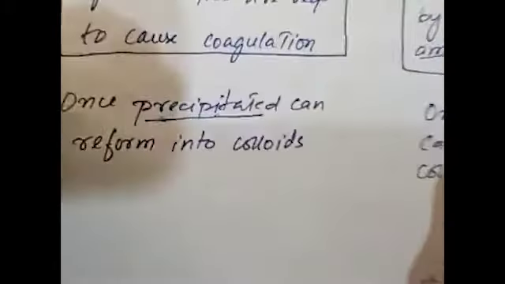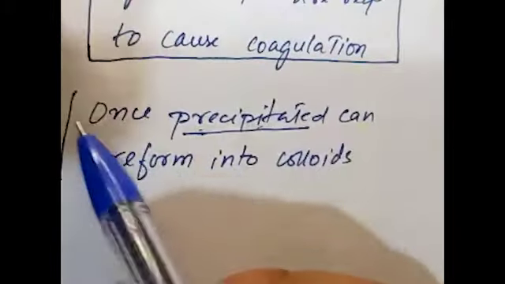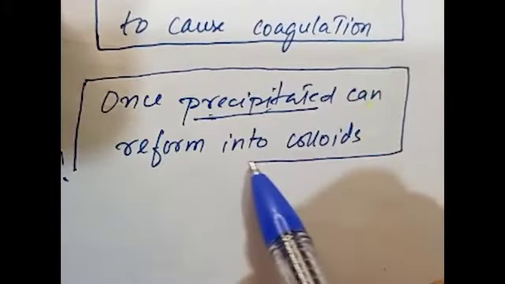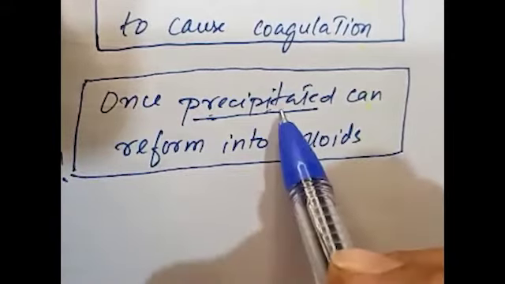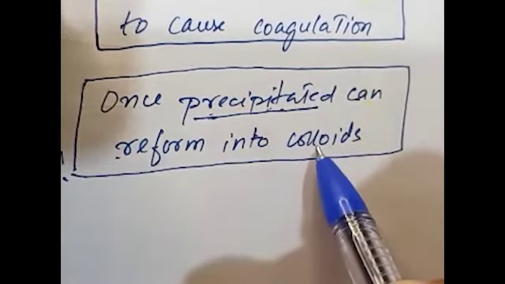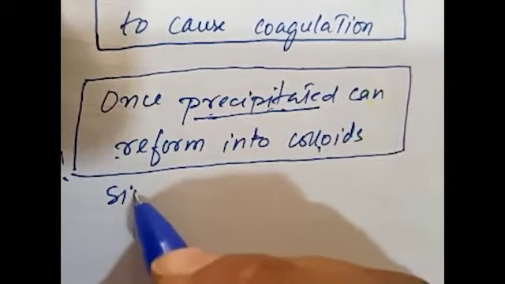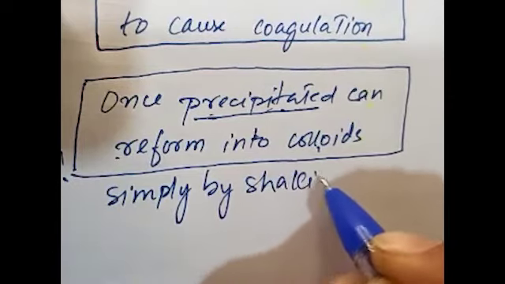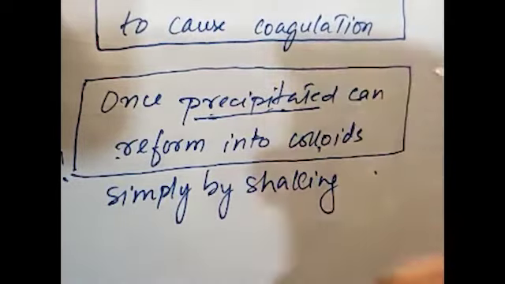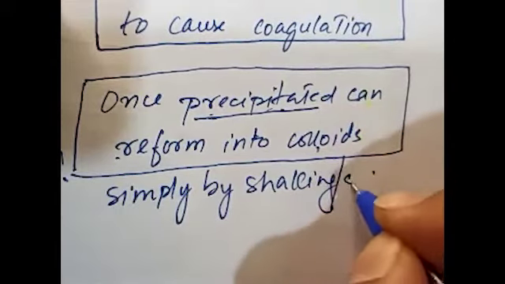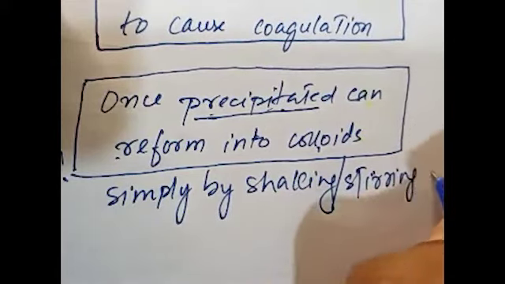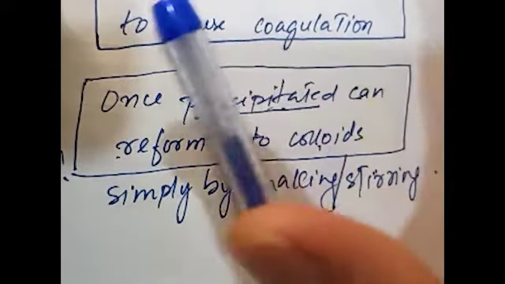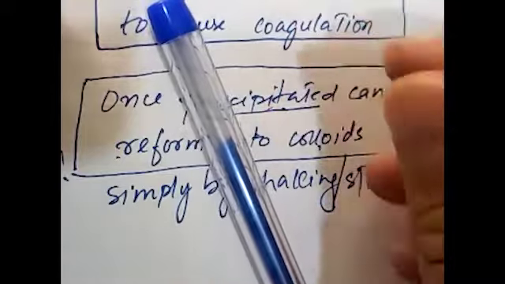Okay, in case of lyophilic, because they like each other so much, even if there are problems, even if their family is destroyed, once precipitated, can reform into colloids simply by shaking or stirring. Common stir korle akko eto colloids bani jay. Okay, you have added the lemon, the milk has become like curd, it has fallen down to the bottom.